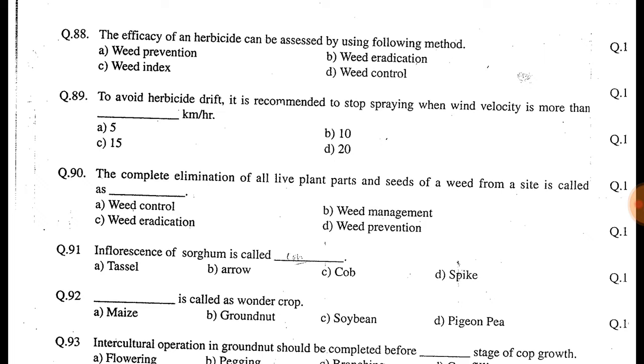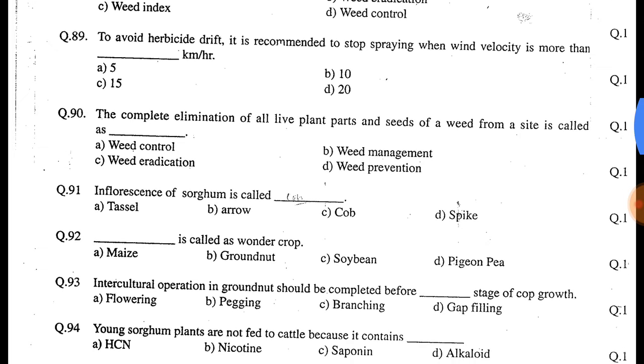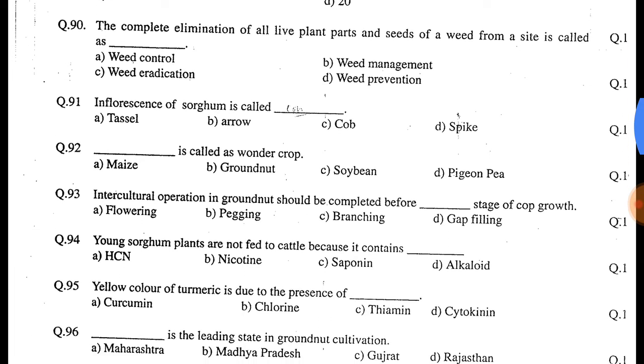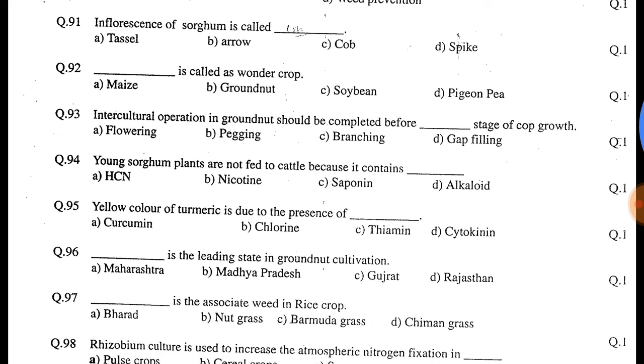To avoid herbicide drift, it is recommended to stop spraying when wind velocity is more than 10 km per hour. 90. The complete elimination of all living plant parts and seed of a weed from a site is called weed eradication.